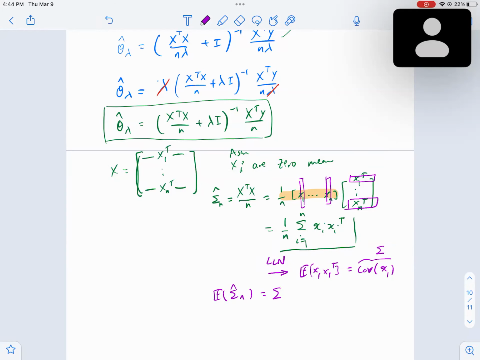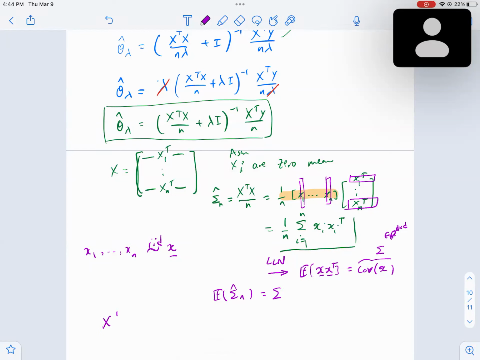So let me do it like a single X. X1 up to Xn are IID from the population X, coming from the marginal distribution of the feature. And so this really converges to the expectation of XX transpose, the covariance of the features. So this has some statistical meaning.